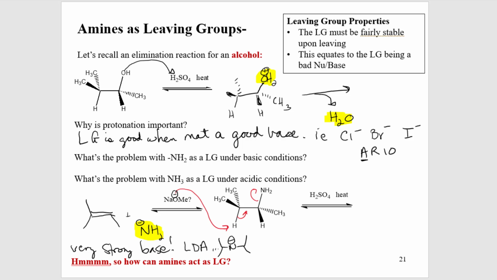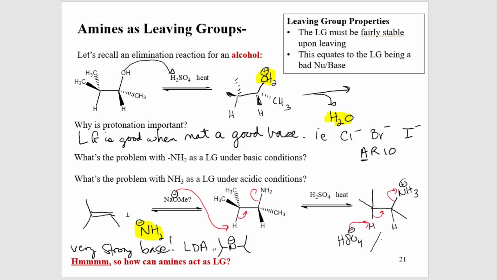Okay, well, let's do what we did with alcohols. Let's protonate it. Let's make it NH3 plus, and then consider some conjugate base reacting with it. Here's the other problem.